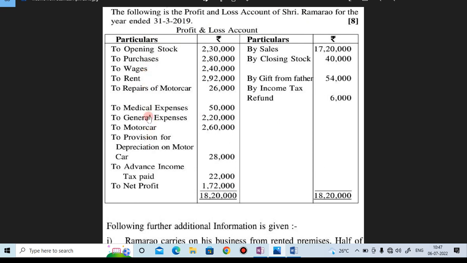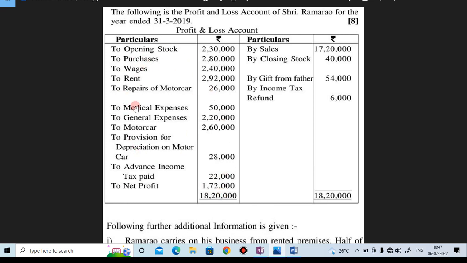On the debit side, it is opening stock 2,30,000, purchases 2,80,000, wages 2,40,000, rent 2,92,000, repairs to motor car 26,000, medical expenses 50,000, general expenses 2,20,000, motor car 2,60,000, provision for depreciation on motor car 28,000, advance income tax paid 22,000, net profit 1,72,000.